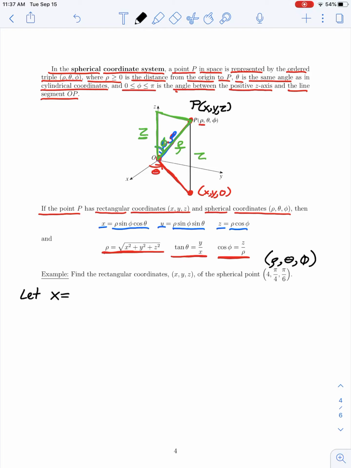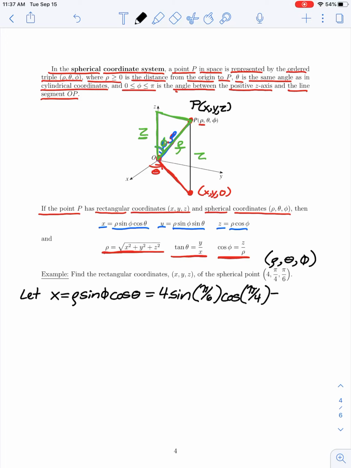So here x is defined as rho sine of phi cosine theta. So substituting in, well, rho was given as 4. Then we have sine of phi, which was pi over 6, times cosine of theta, which was pi over 4.